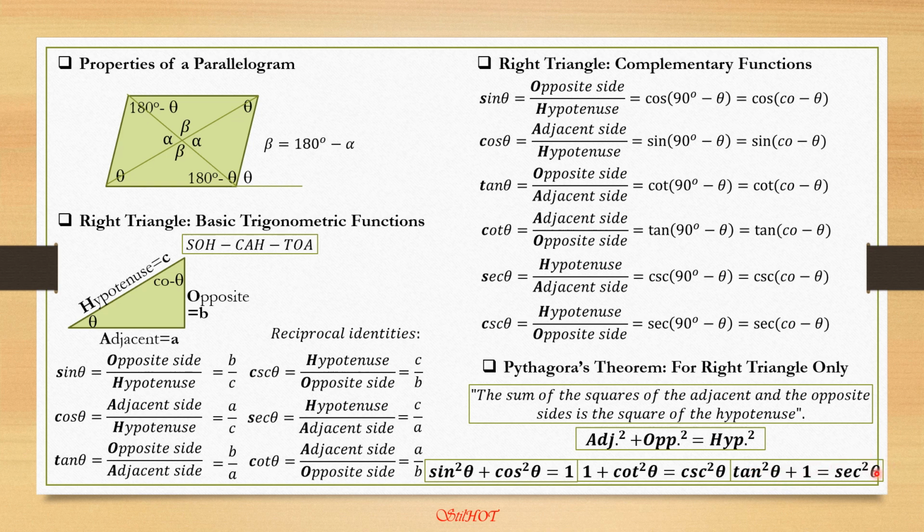So I hope you can remember, not all of this, even just this one. And remember the definitions: sine over cosine is tangent theta, cosine over sine is cotangent theta, 1 over sine theta is cosecant theta, and 1 over cosine is secant theta, so that you can derive these immediately after you write the identity.